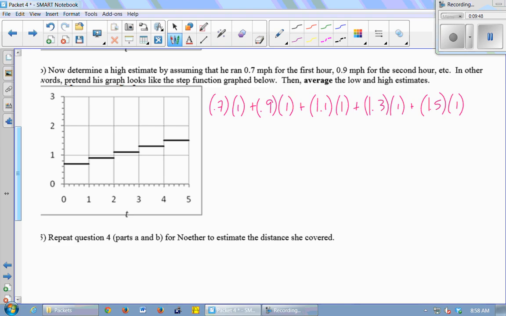So that last interval now is at a height of 1.5. So when I add those all up, what am I going to get? 5.5. And we know that that's an overestimate of the actual distance, because on every interval, we're overestimating his speed. We know he didn't run that fast the whole time.